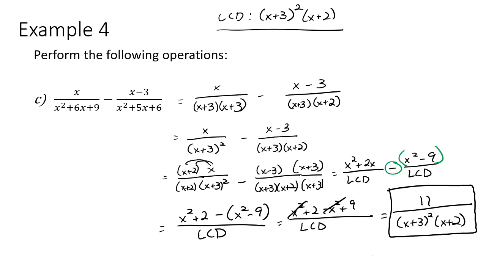And quick correction here, I missed something. When I was copying from this line down to this line, I dropped the x in that 2x. So that would still be a 2x there, which means that that wouldn't combine with the 9, so the final numerator would just be 2x plus 9.